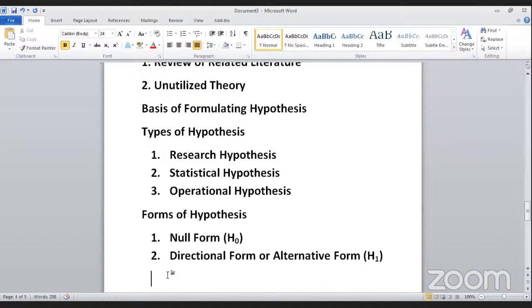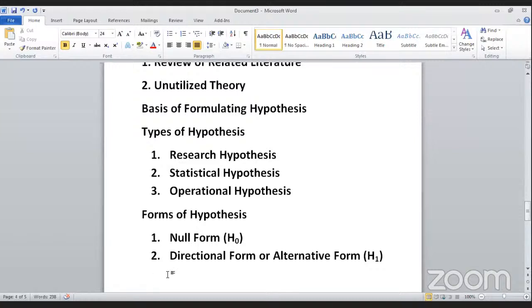So please understand which form should be of your hypothesis. You cannot decide yourself. For deciding the forms, you must have the base. And therefore, there are bases of formulation of hypothesis.